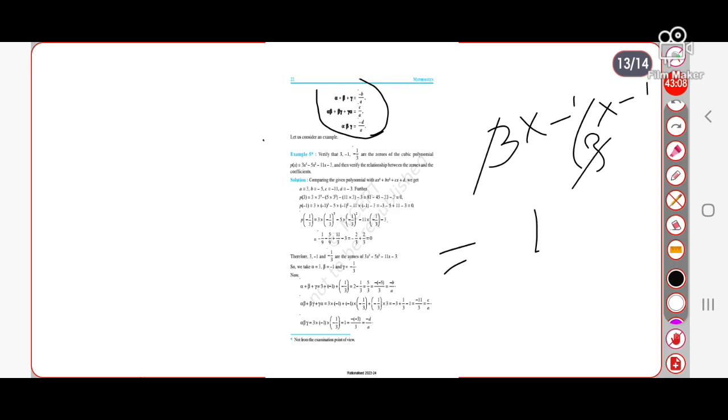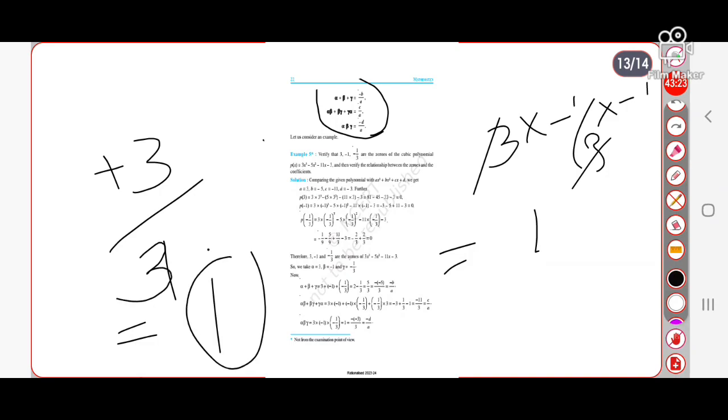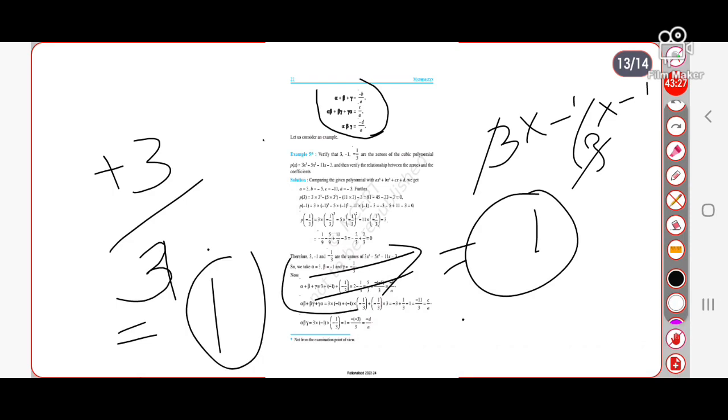That is nothing but minus d by a. Minus d is nothing but 3 plus 3 by 1 by a, right? A is nothing but again 3, not 1. So the net result is 1 1 1. Again both are same. So we verified that the relationship between the zeros and coefficients are same. That's it to be done.